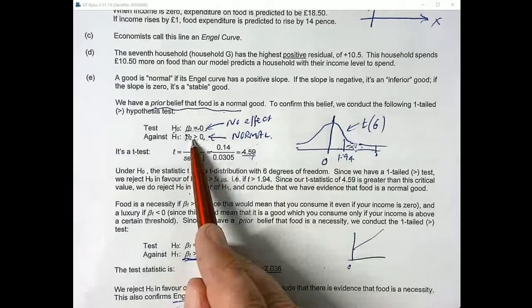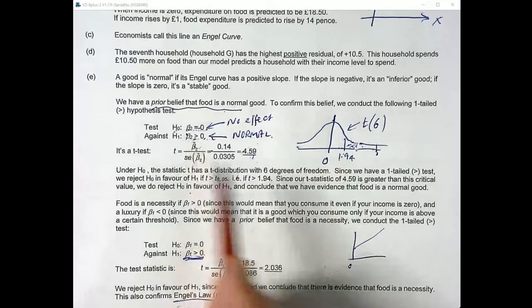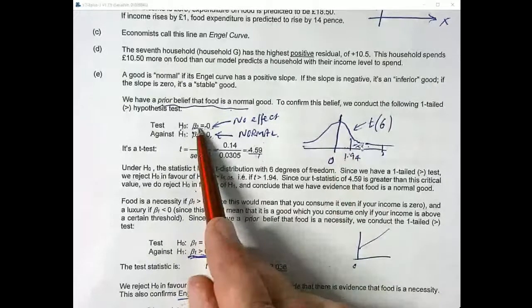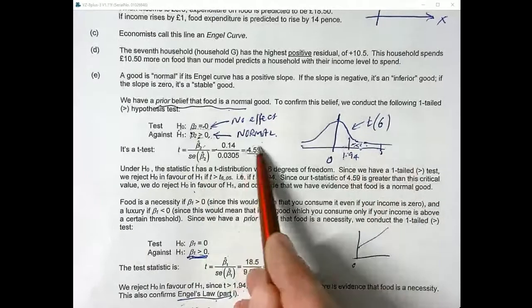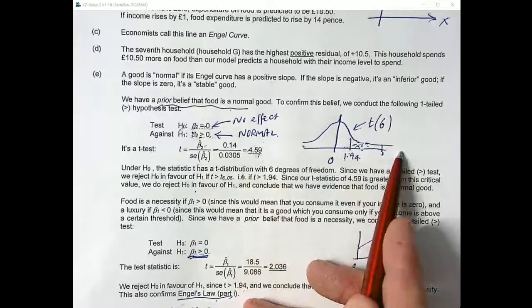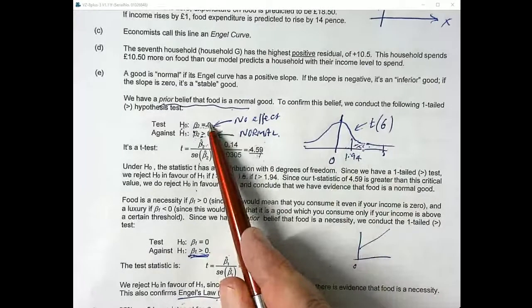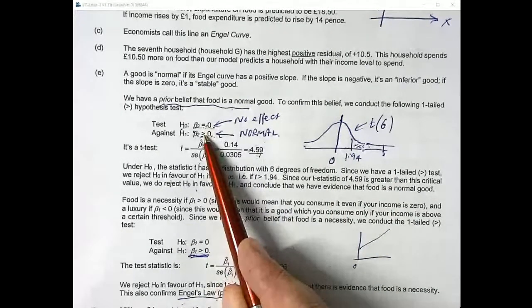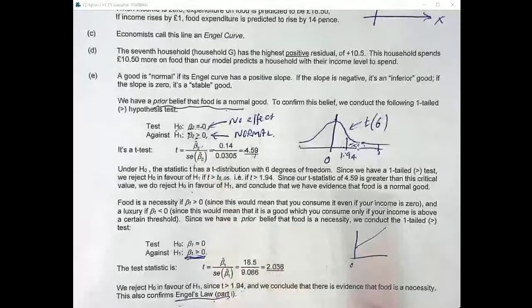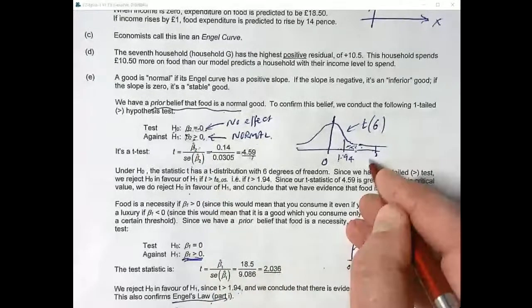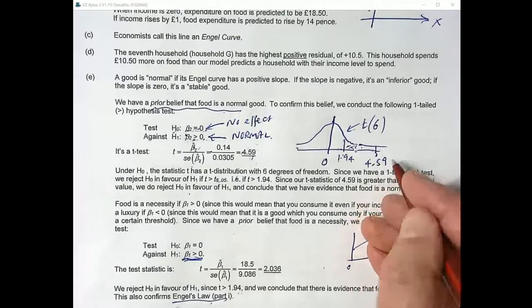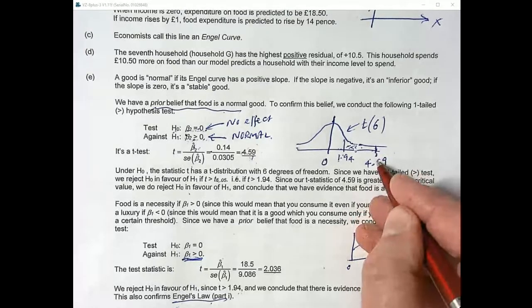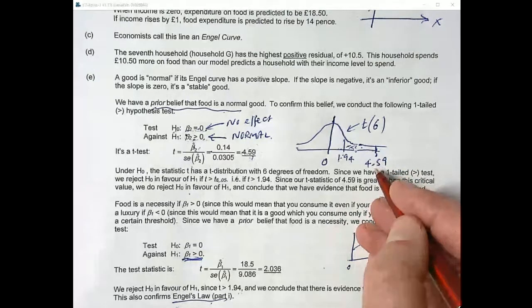Because we're doing a one-tailed test, we only use the upper tail, one tail greater than test. If our number is in the upper tail of the distribution, then we have evidence to reject the null in favor of the alternative. We have evidence that food is a normal good. That's exactly what we have, because our statistic is 4.59. So we reject the null. We've got evidence that food is a normal good.